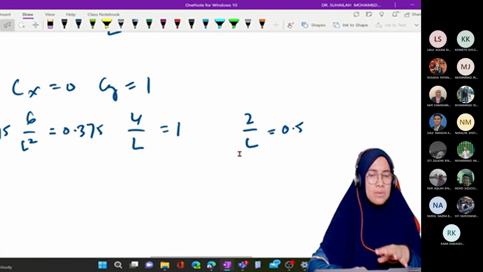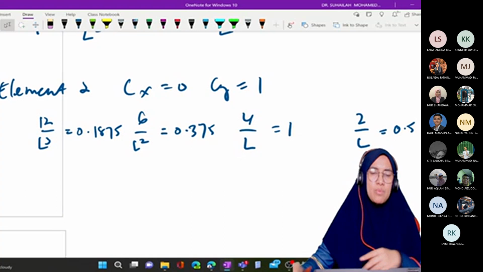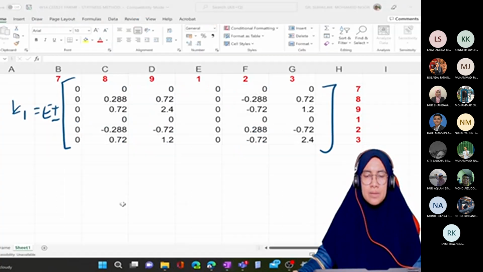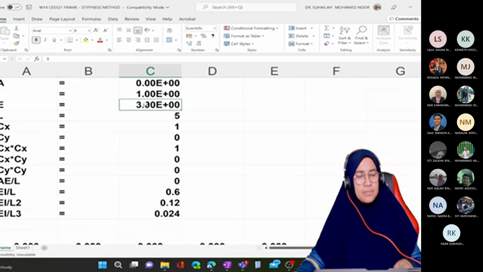So these are the 4 values that we will put into the formula. Okay, I straight away put into this.